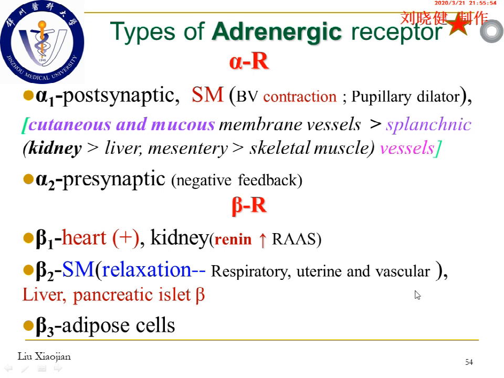So try to think of that boy with the bear, fight or flight. Just now I mentioned, maybe his face looks pale because the alpha 1 receptor is activated by the sympathetic nerve neurotransmitter, inducing contraction of the blood vessels in the face.